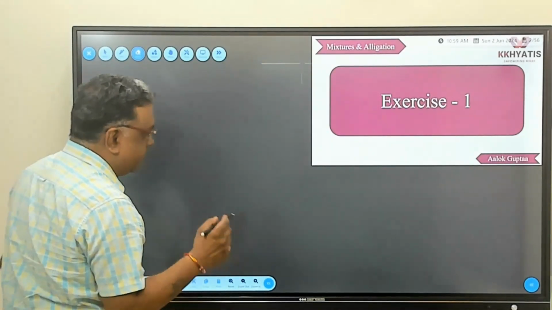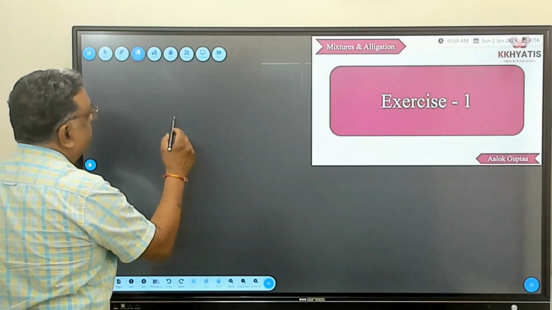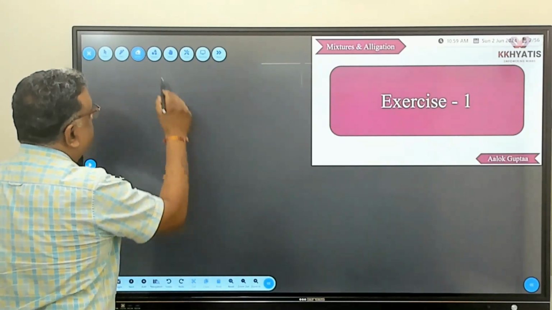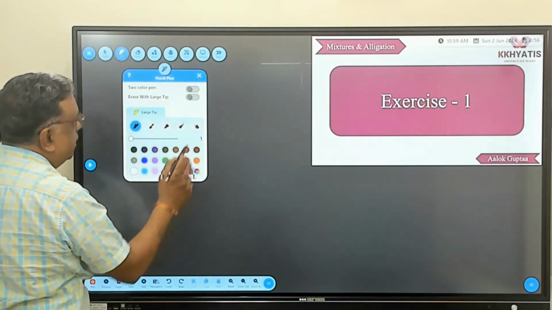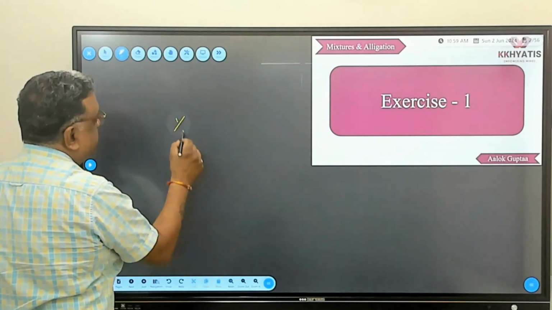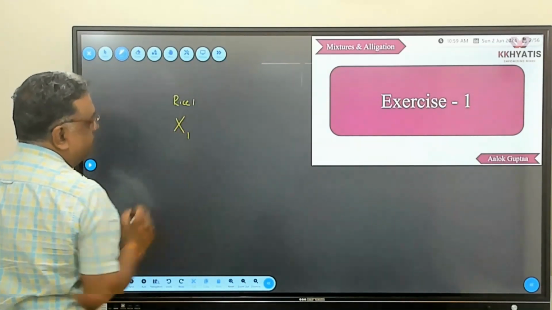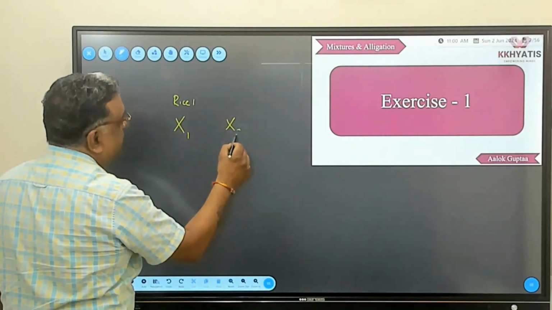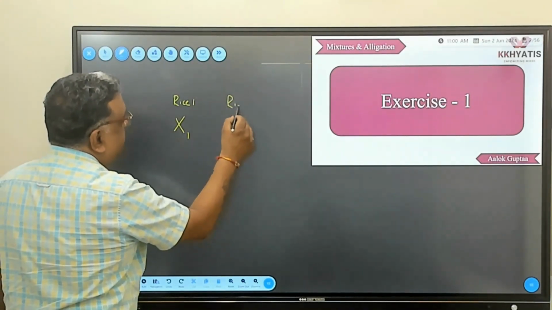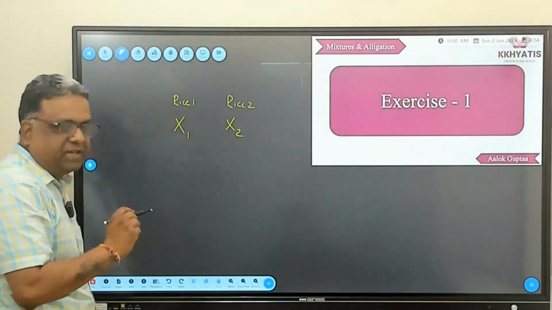What does it say? Let us say you have an x1 quantity of rice 1 and x2 quantity of rice 2, a different type of rice.